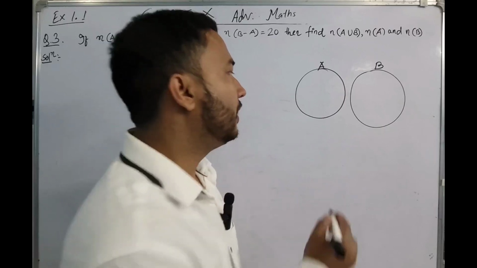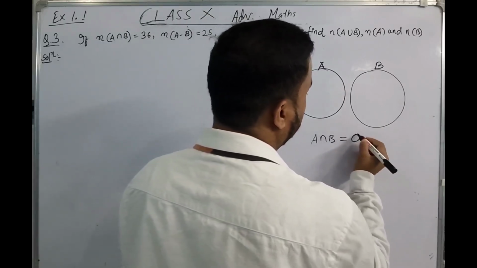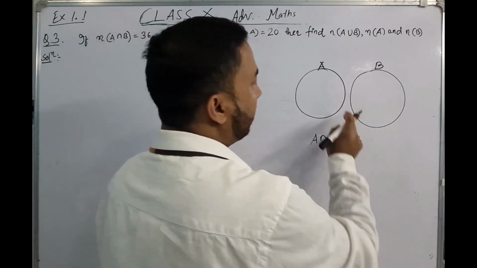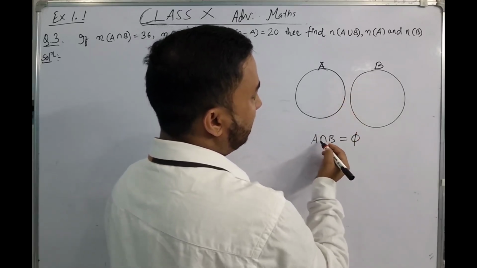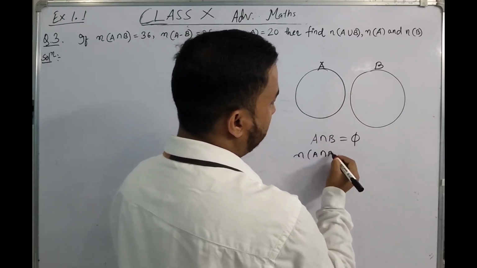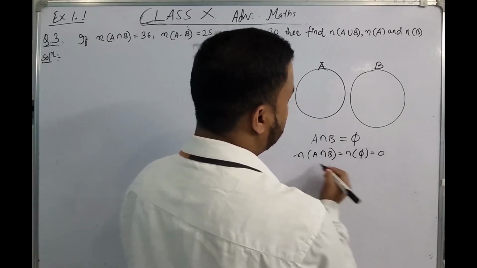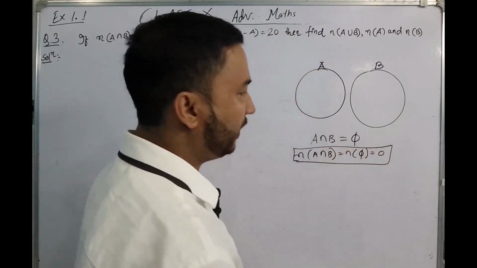In this case A intersection B will be a null set, equal to phi. Null set means there will be no element in the set A intersection B. So the number of elements in A intersection B will be equal to the number of elements in phi, that is equal to 0.